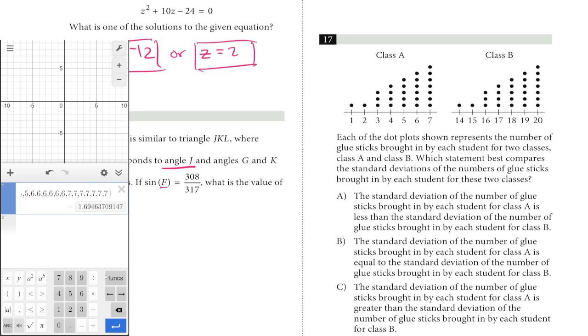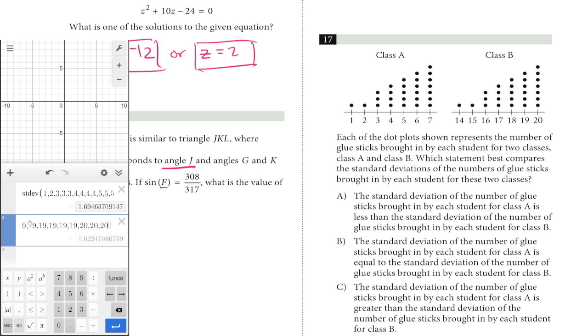It tells us the standard deviation, and then we do the same thing for Class B. I type stdev and then these numbers: 14, 15, 16, 16, 16, and then 17 shows up 4 times, 18 shows up 5 times, 19 shows up 6 times, and then 20 shows up 7 times.